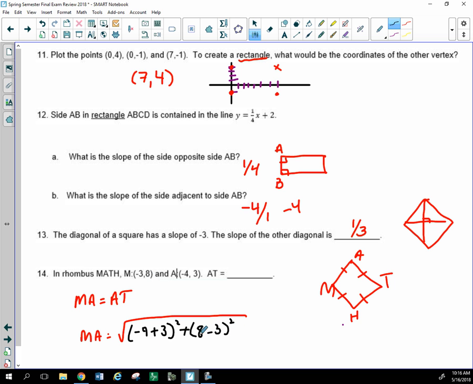If we simplify that, -4 plus 3 is -1 and squared, and 8 minus 3 would be 5 and squared. So simplifying that, I get 1 plus 25, or the length is the square root of 26. And so that would also be the length of AT. It would also be the length of any other side in this rhombus.